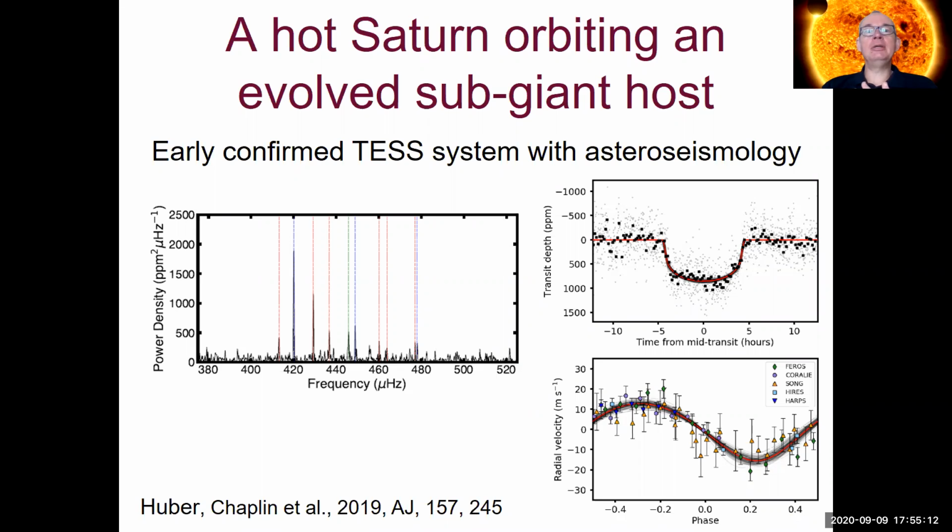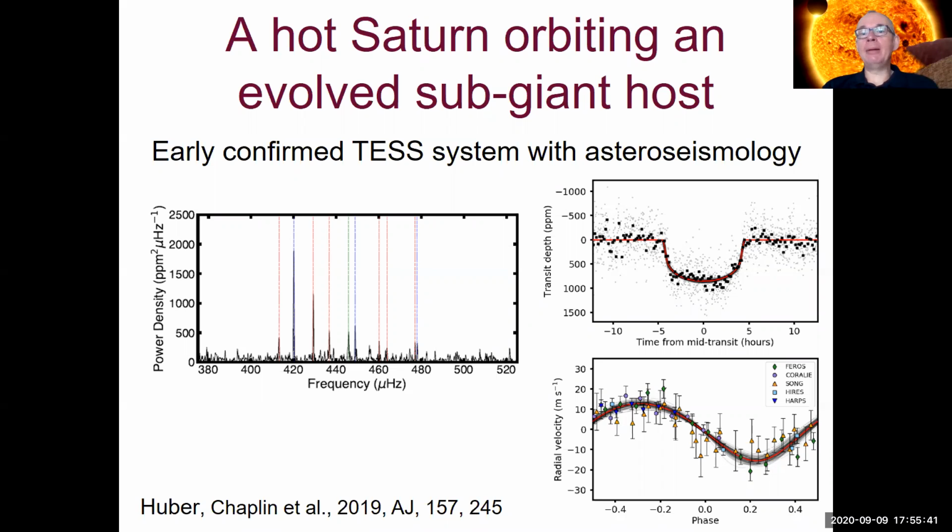So this was actually the first system where TESS had discovered a planet, and the star also was bright enough to enable us to do the asteroseismology. On the left-hand side, we've got the overtone spectrum of the star. We used that to measure the properties of the star in great detail. On the right-hand side, we've got the transit curve produced by the dimming of the planet as it orbits the star. That's the TESS data.